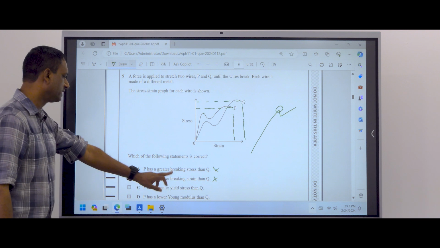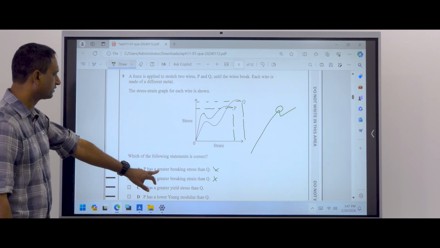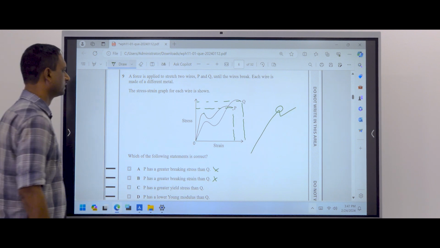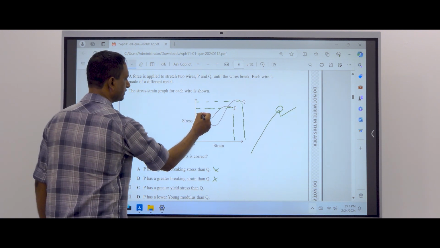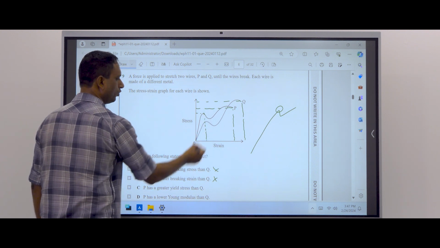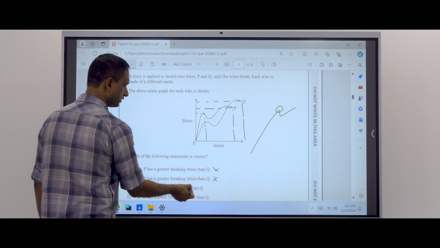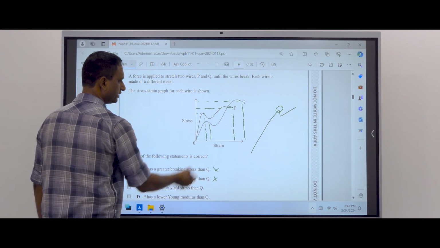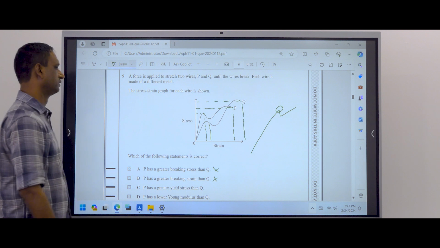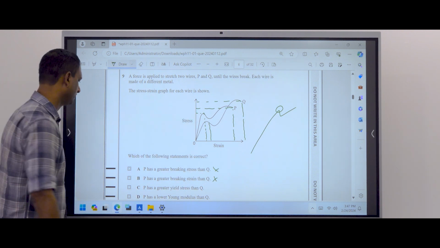P has greater yield stress than Q. Look at this. That is correct. But P has lower yield strain. When you compare strain, P has lower yield strain but greater stress. This is correct.